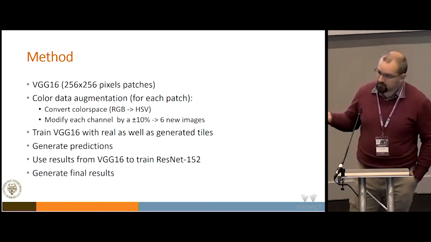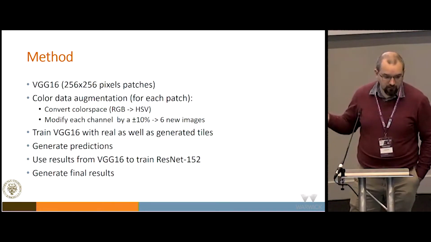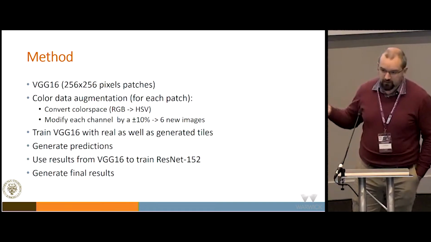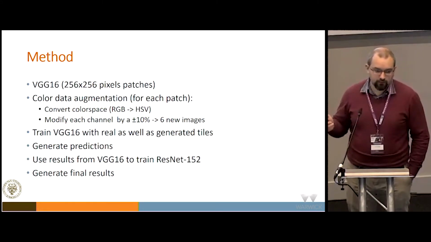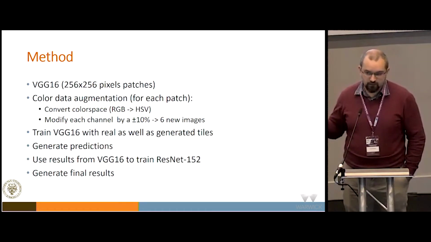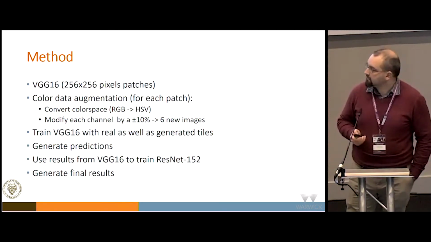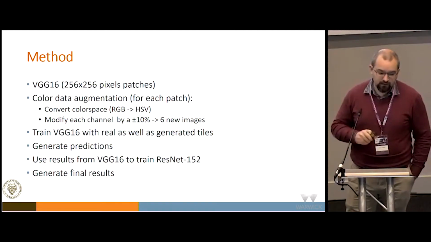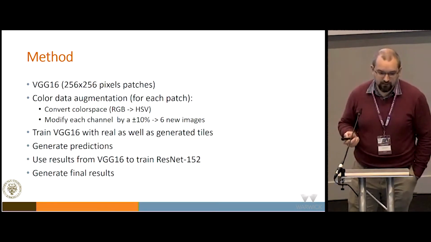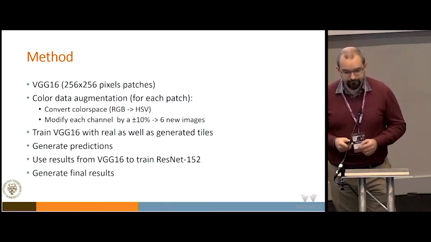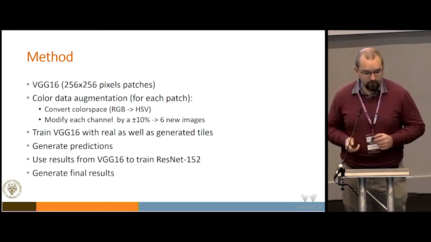Then we modify each of these tiles by 10% in the 3 channels of the HSV space. So for each tile, we generate 6 other tiles, and we use all of them to train the VGG16 net. Then we predict the results, and using these results, we retrain the ResNet 152 to have the final results. So we use that kind of coarse-to-fine approach.